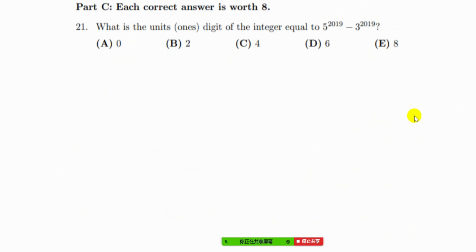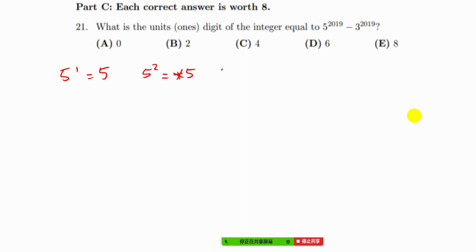Part C, number 21. What is the units ones digit of the integer equal to 5 to the power of 2019 minus 3 to the power of 2019? So for this, we first observe the patterns of the powers of 5 and the powers of 3. So 5 to the power of 1 would equal 5. 5 to the power of 2 would have something on the tens digit and 5 on the ones digit, because 5 times 5 would be 25.